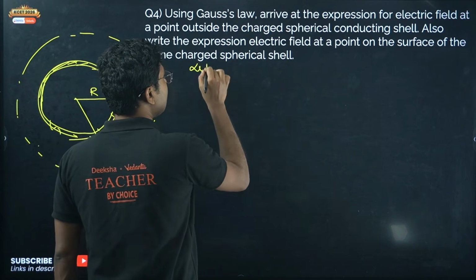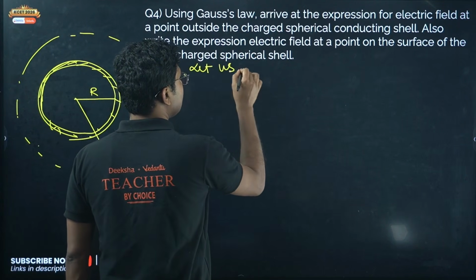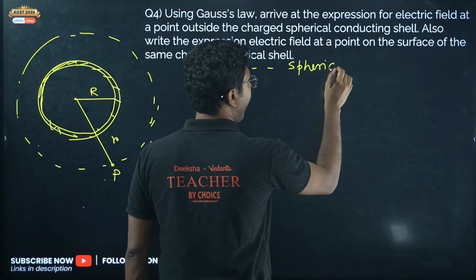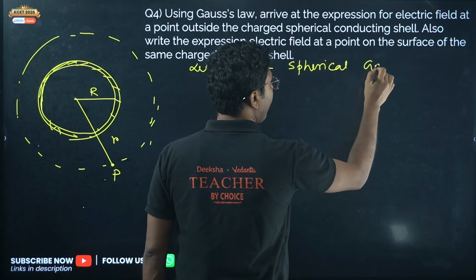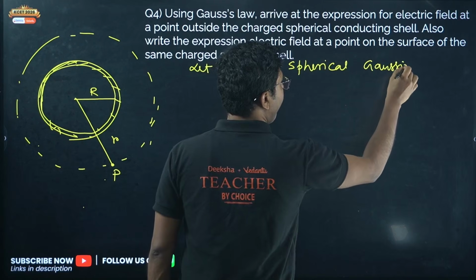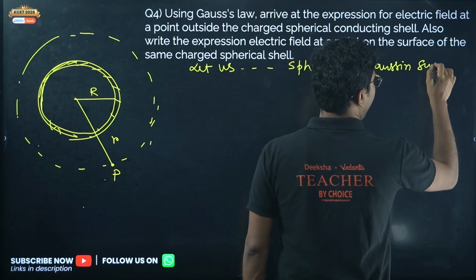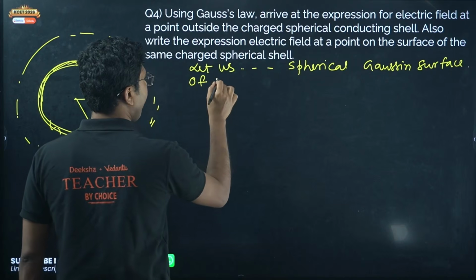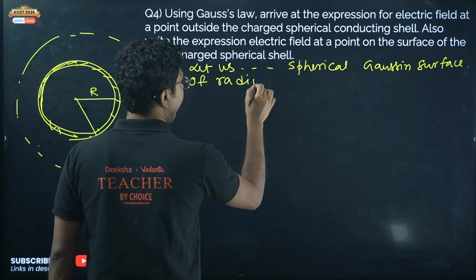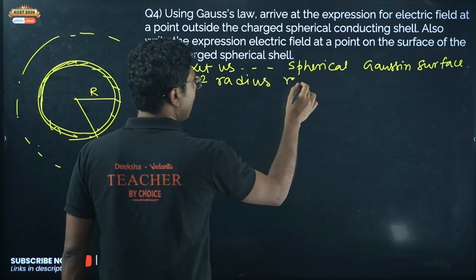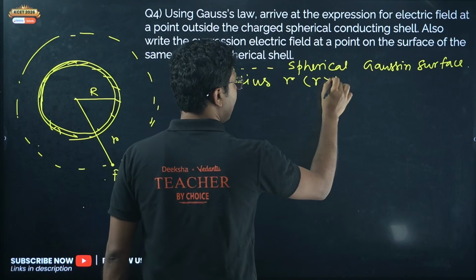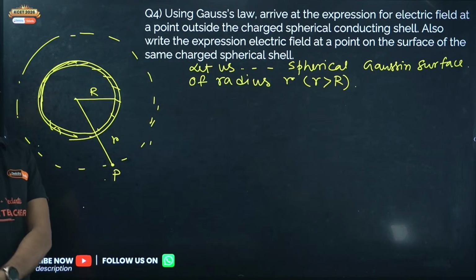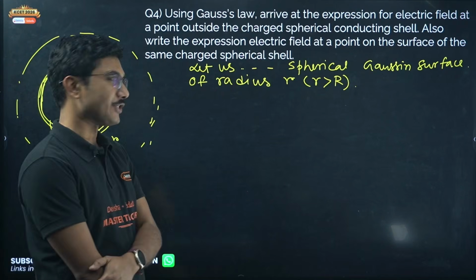Let us construct a spherical Gaussian surface of radius small r, and r is greater than capital R. That you have to mention because you are trying to find the electric field at a point outside the shell.